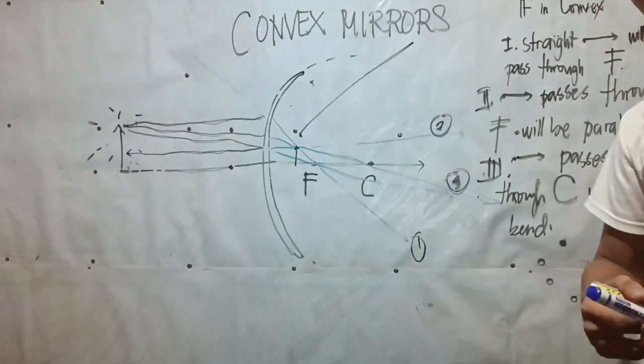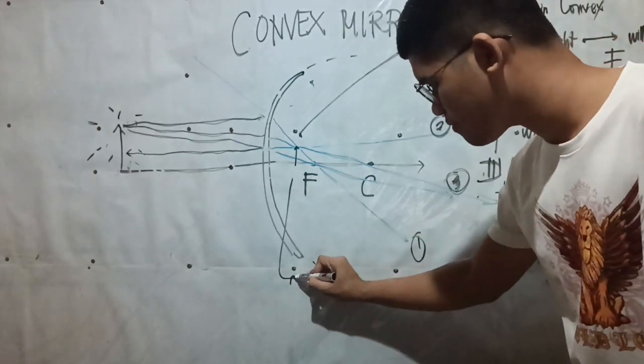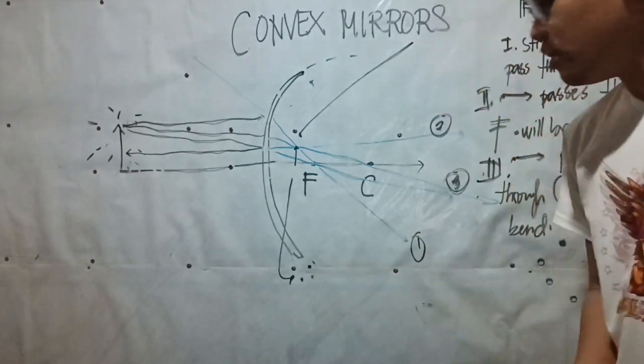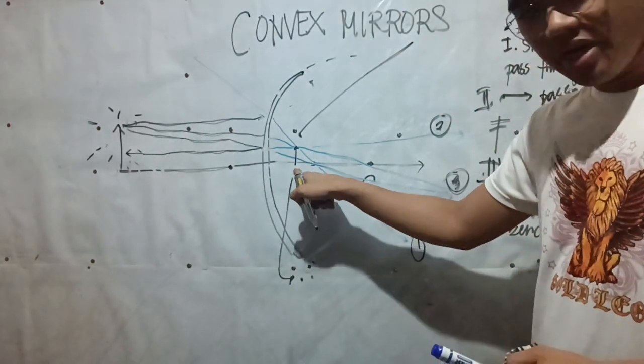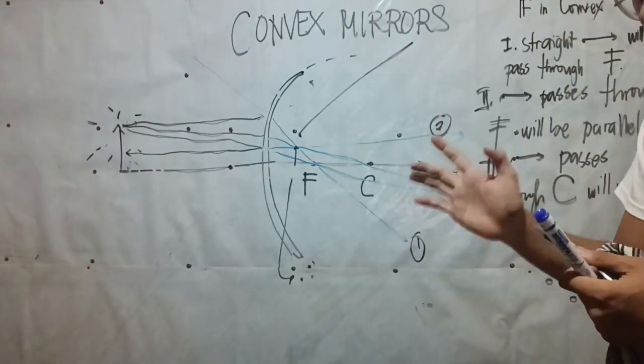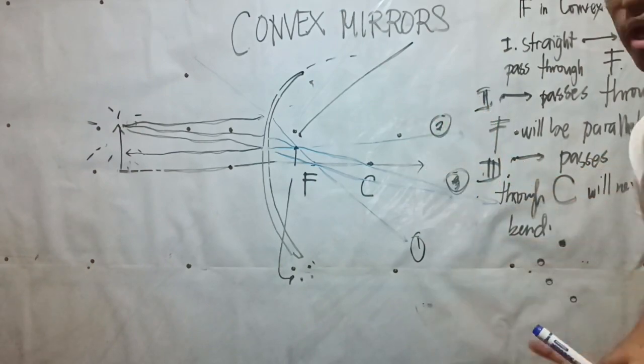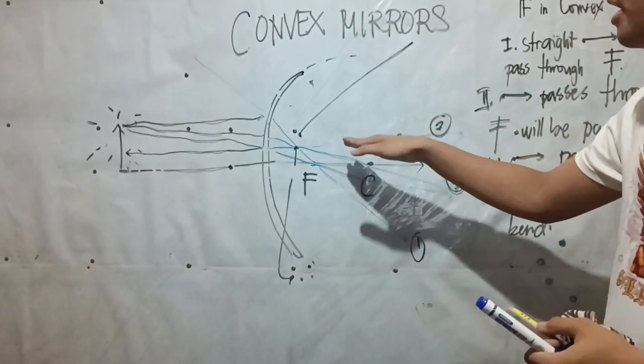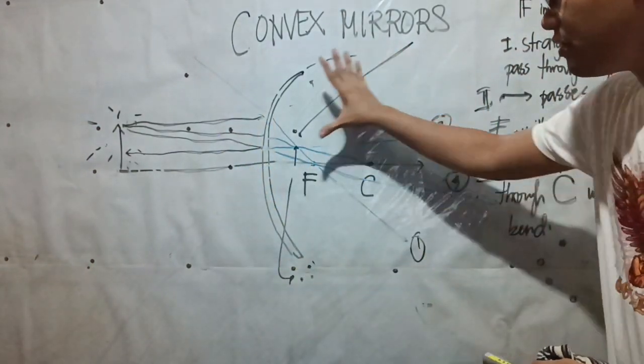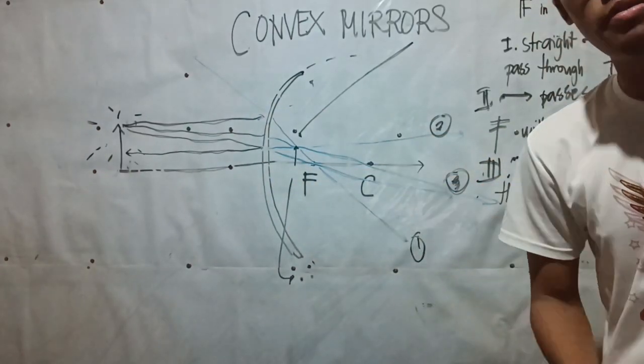Now, to conclude, we have our image. What is it? Is it a virtual image or is it a real image? As we know, they are all virtual rays. Now, what image is formed?